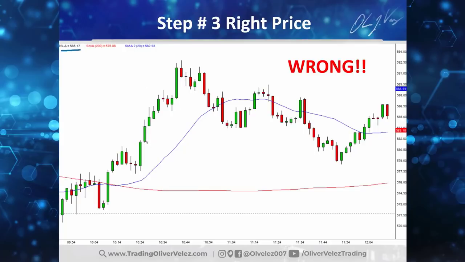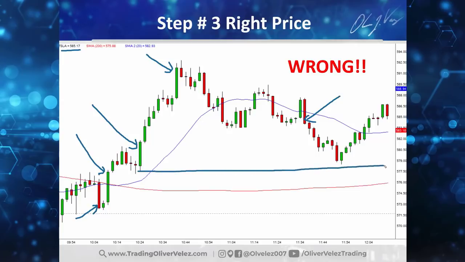Now, I want us to take a look at the fat bars. There's a fat one. There's a fat one. There's a fat one. And there's a fat red one here. Now, if we take a look at these bars, let's zero in on this one and judge the range of this bar.